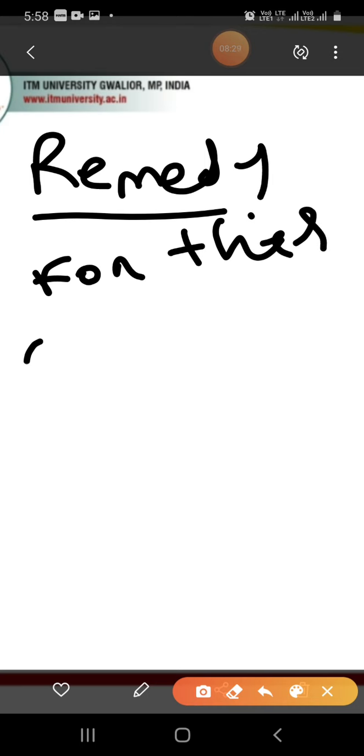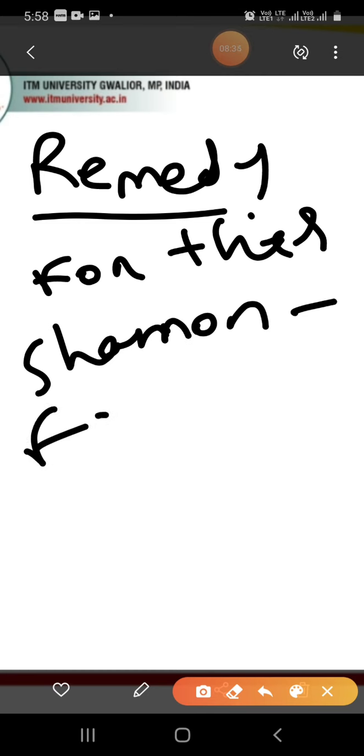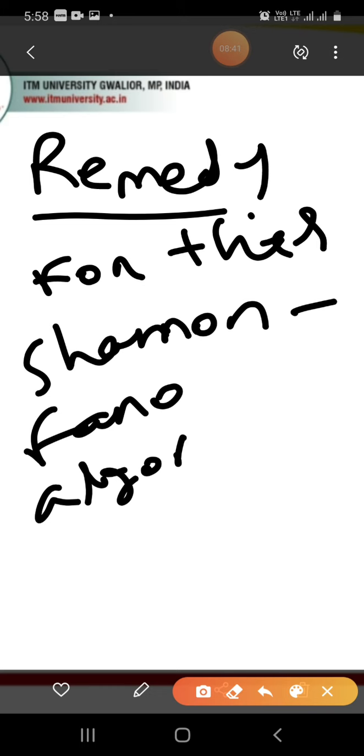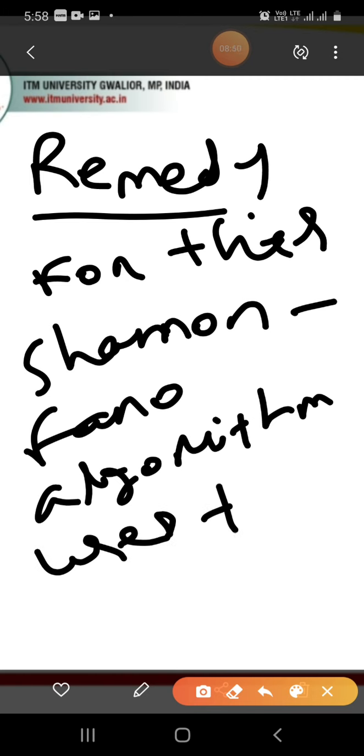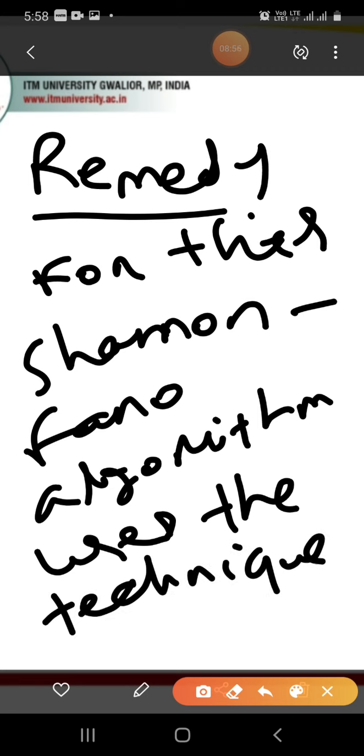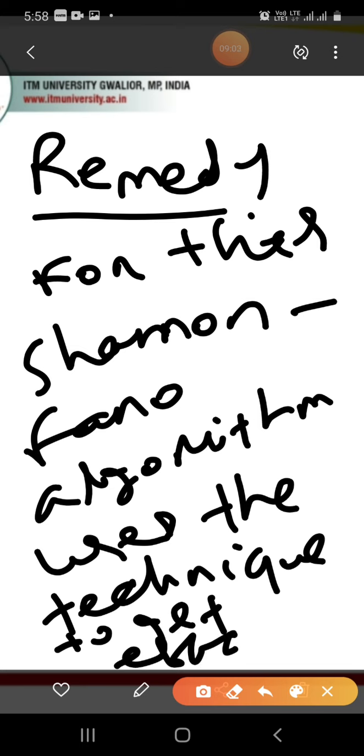So the Shannon-Fano algorithm uses this technique to get an efficient code.